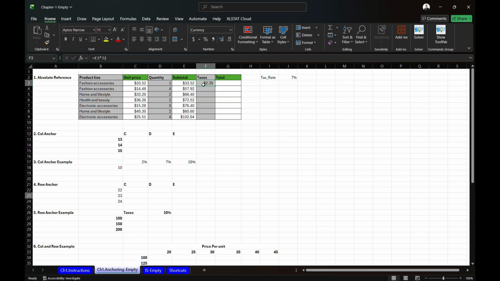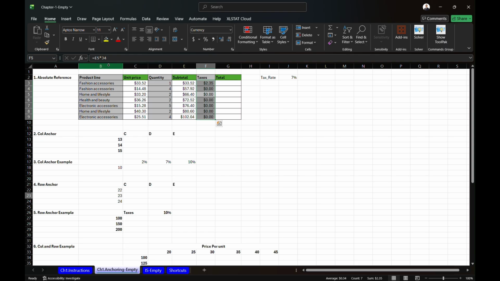You'll see, you can look at the formula again up here. Now I want to copy this down so we can populate the rest of this table here. I'm going to press and hold shift on F3 and then use my arrow keys to go down to F9, and then I'm going to hit Control D.